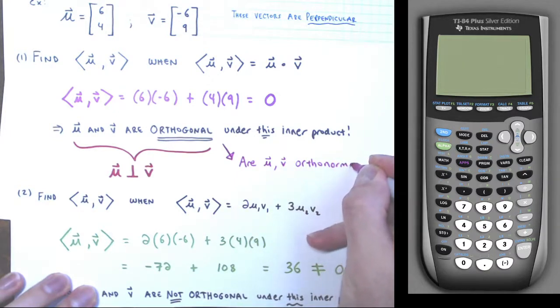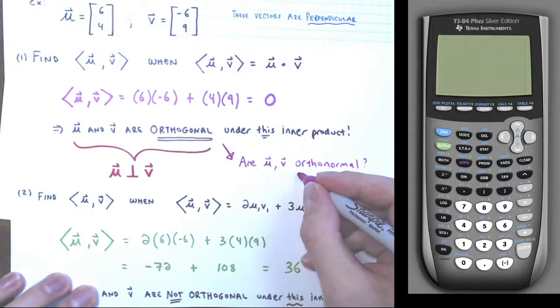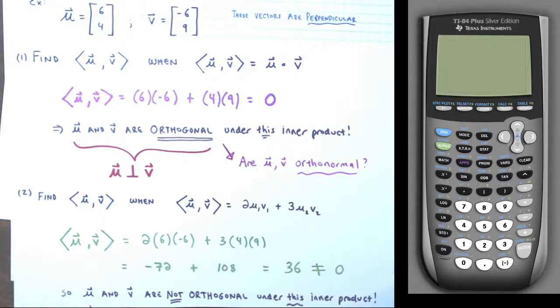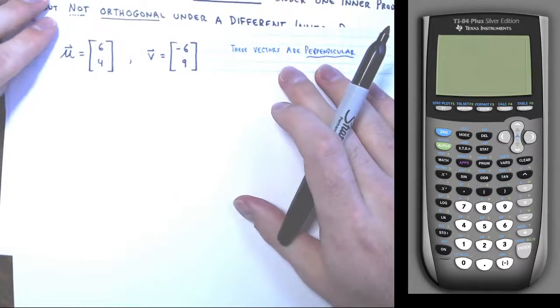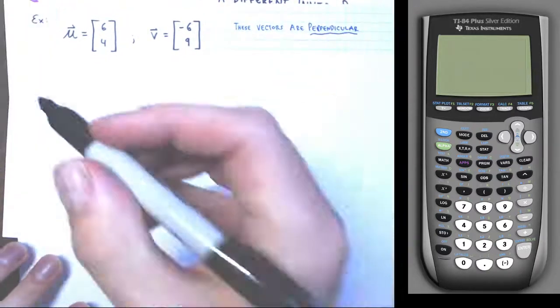So we have to find the norms of these vectors using the inner product, the dot product. So let's check: are u and v orthonormal under the dot product?